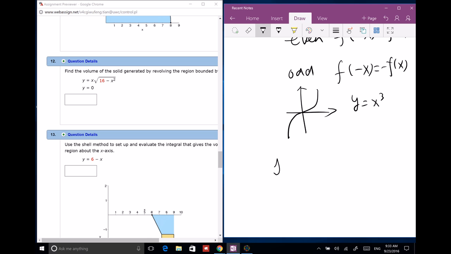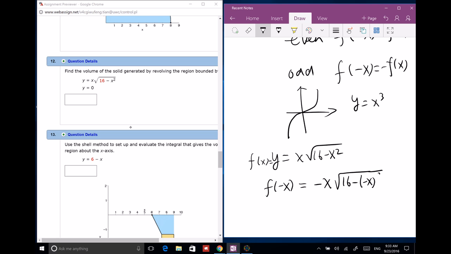Suppose f of x equals x square root of 16 minus x squared. Then f of negative x equals negative x square root of 16 minus negative x squared. The negative x squared is positive, so it is negative x square root of 16 minus x squared. Compare f of x and f of negative x: they have exact opposite sign.